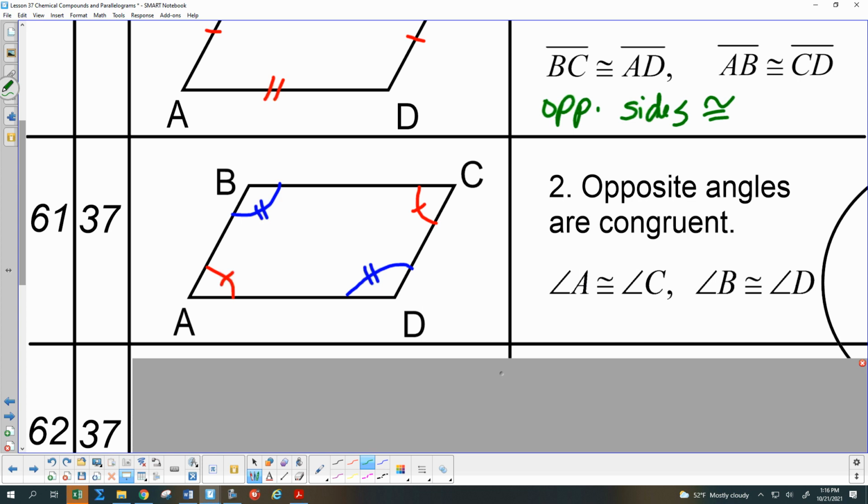And this is just saying, if it's a parallelogram, those obtuse ones are congruent, and those acute ones are congruent. These properties do not work if it's just a regular quadrilateral. It's got to be a parallelogram for that to work. And we might abbreviate this one as opposite angles congruent.